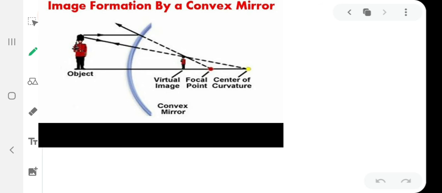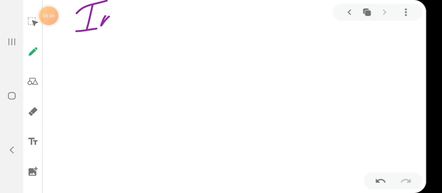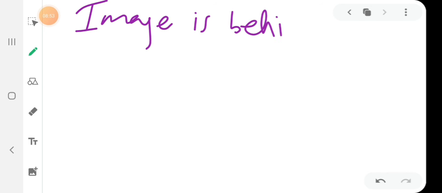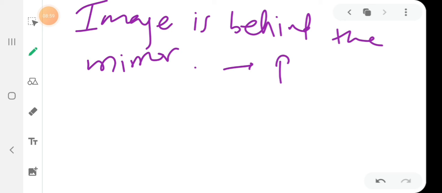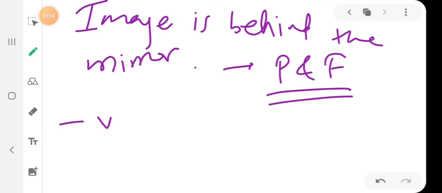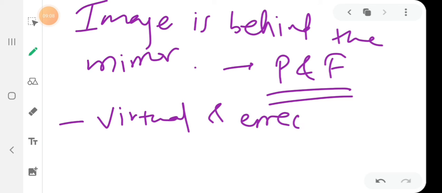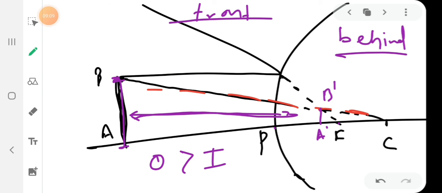What are these 3 conclusions? The image is behind the mirror and it is between pole and the focus itself. Then the second thing, the image is virtual and erect. देखो आप लोगों को दिखता होगा, the image is virtual and it is erect.